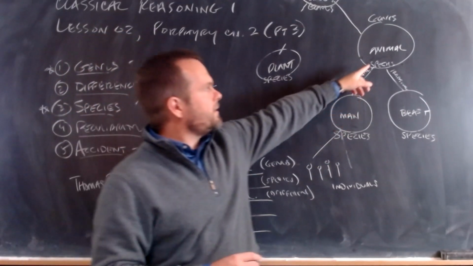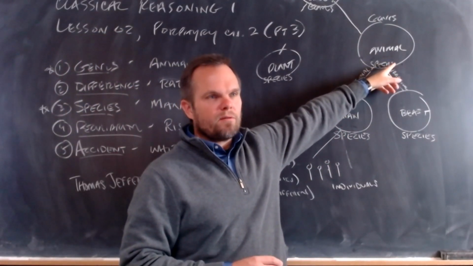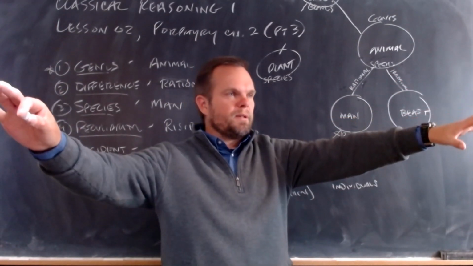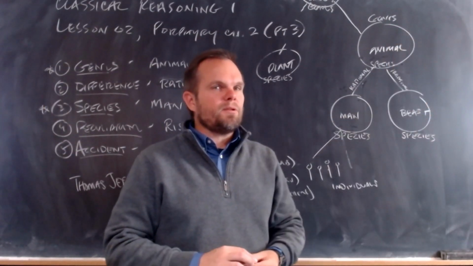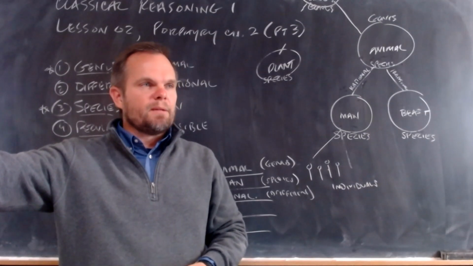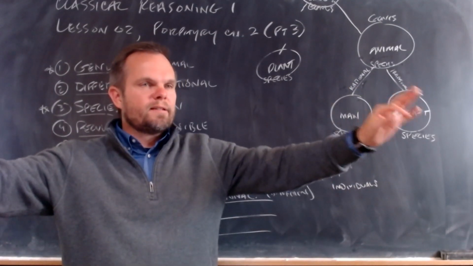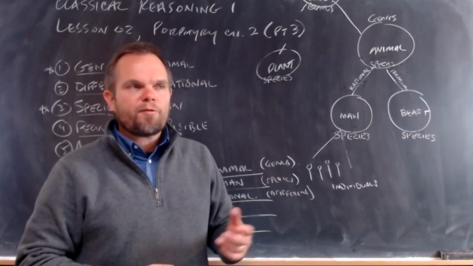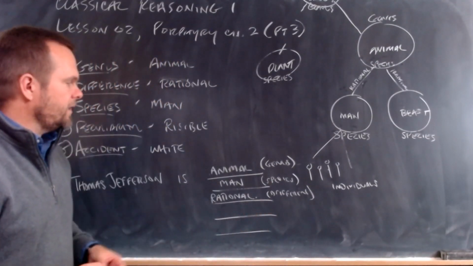But is friendly what separates the animals? Do we separate the animals into two species: these are the friendly animals, and these are the not friendly animals? That's the real essential difference between animals? No. So friendly is not a difference.